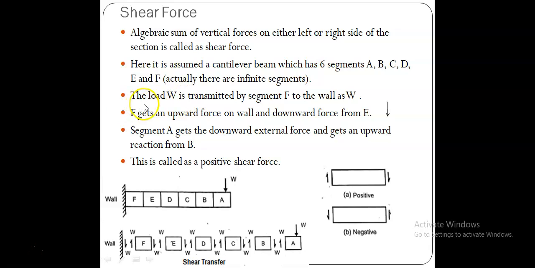The load W is transmitted by segment F to the wall as W, that is a downward force, but F gets an upward reactive force from the wall and a downward force from E.